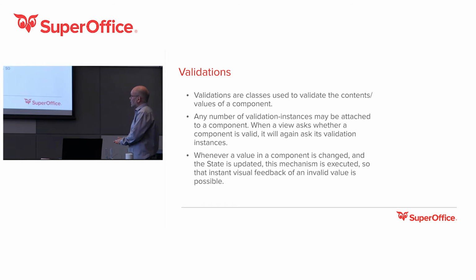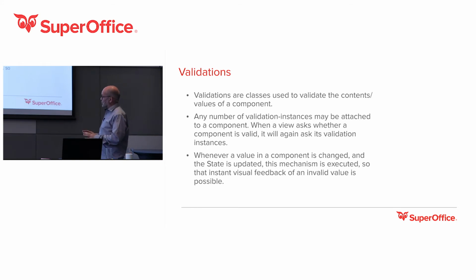Validations. We have validations that we can hook on to the component. So we can have as many validations as we want. When a view asks if the component is valid, the validation will be evaluated and return no or yes.